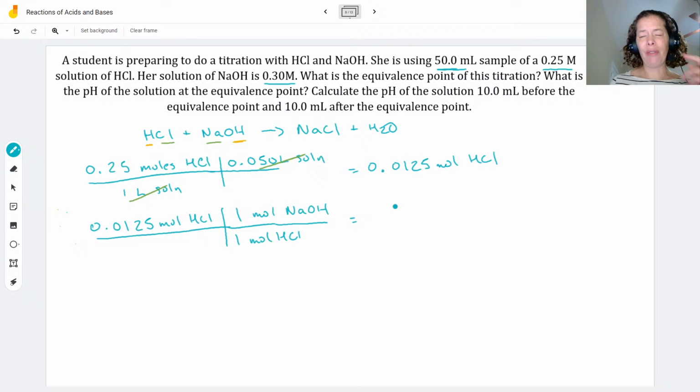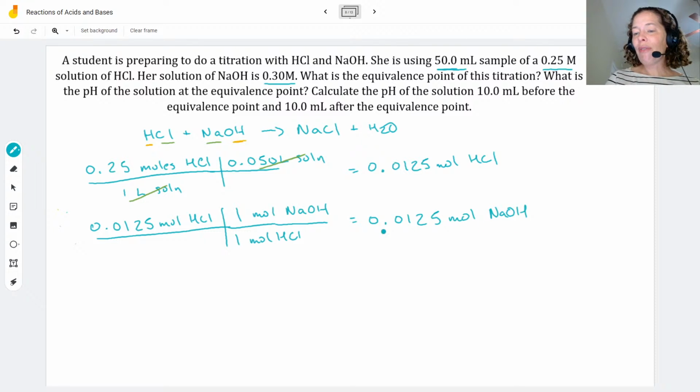Okay, there's no math involved here, excuse me. We need the exact same number of moles of sodium hydroxide that we have of hydrochloric acid, because it's a 1-to-1 ratio, which means after you spend some time doing these problems, this is a step that you maybe don't need to explicitly write down. But again, when you're starting out, make sure you write down all these steps so you know where you are.